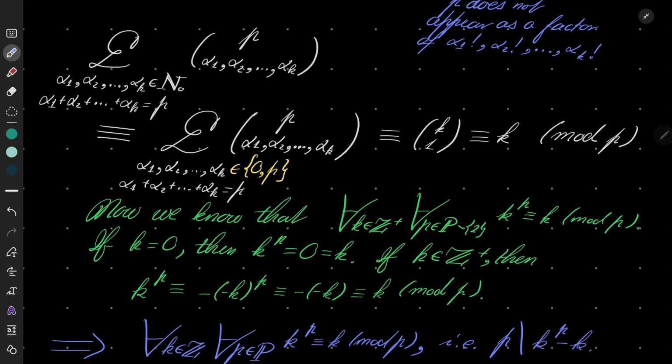And that closes our proof. It's one way of showing Fermat's little theorem by multinomial coefficients, by the multinomial theorem. There are other ways, but it is what it is.